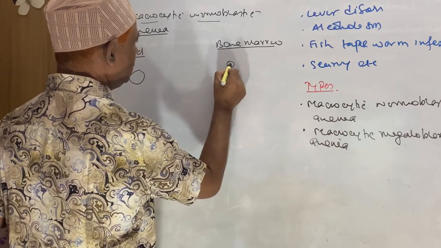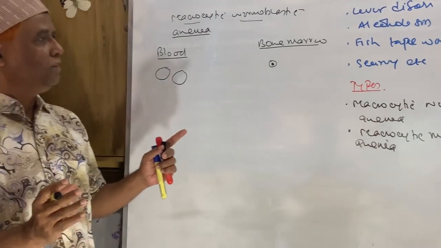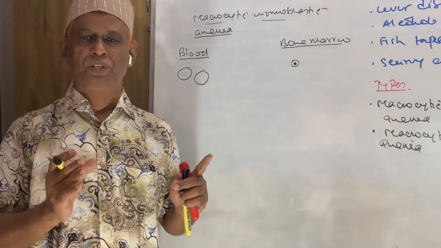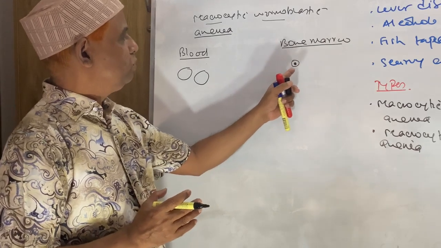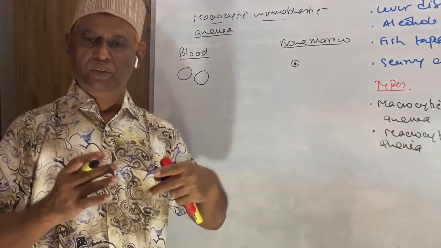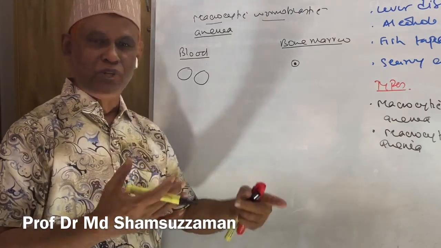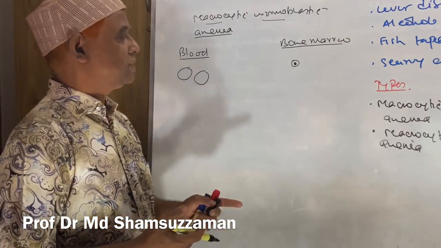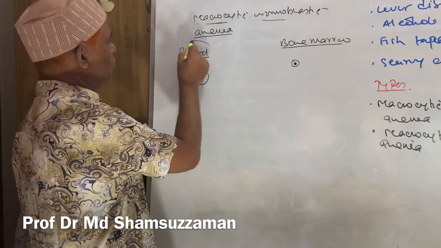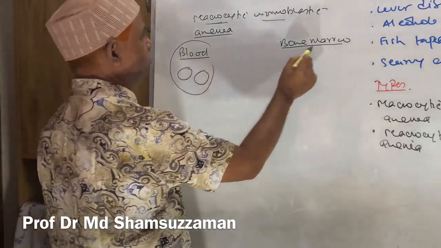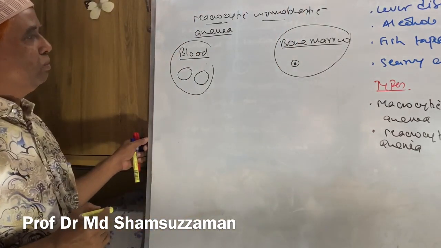During erythropoiesis, we get a lot of stages. The nucleated red cell which is normal in size, normally developing and normally undergoing maturation, is called normoblast. So in macrocytic anemia, in the blood we get macrocyte, and in the bone marrow we get normoblast. So it is called macrocytic normoblastic anemia.